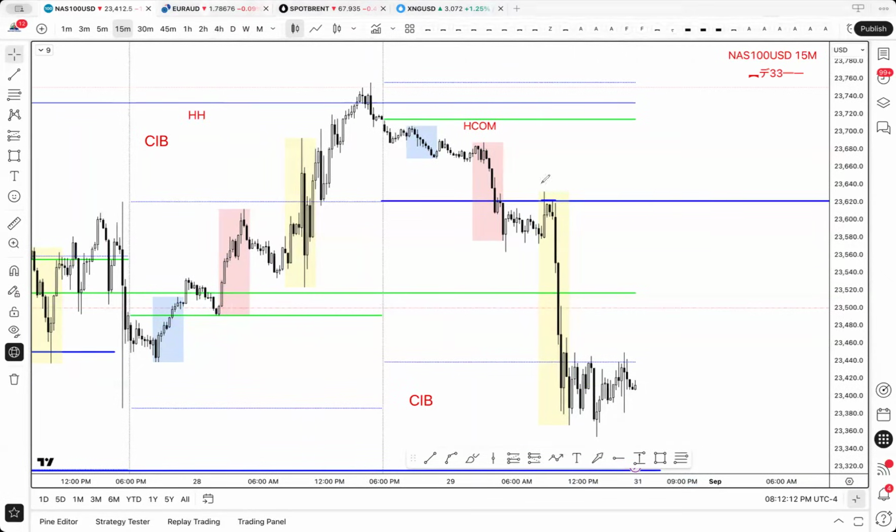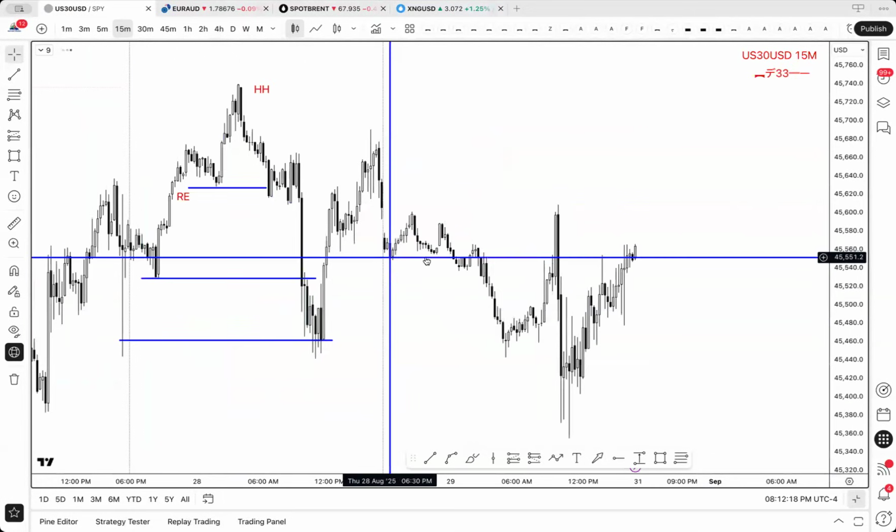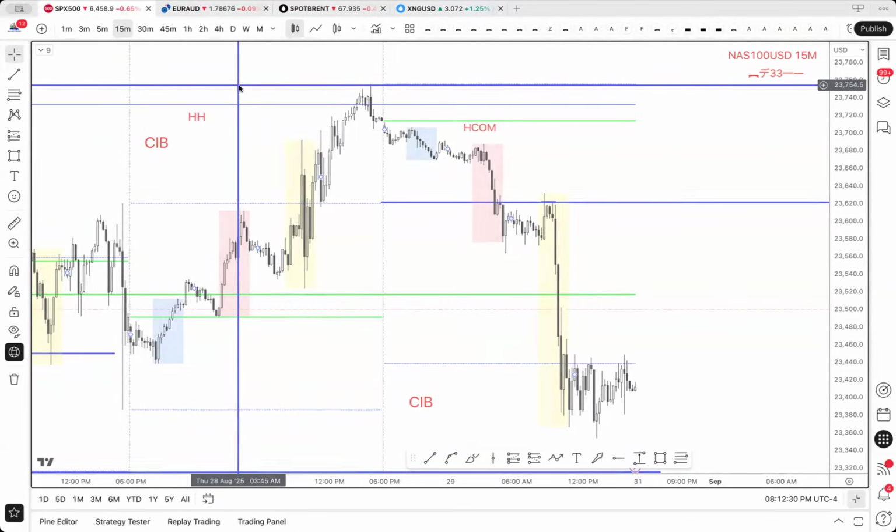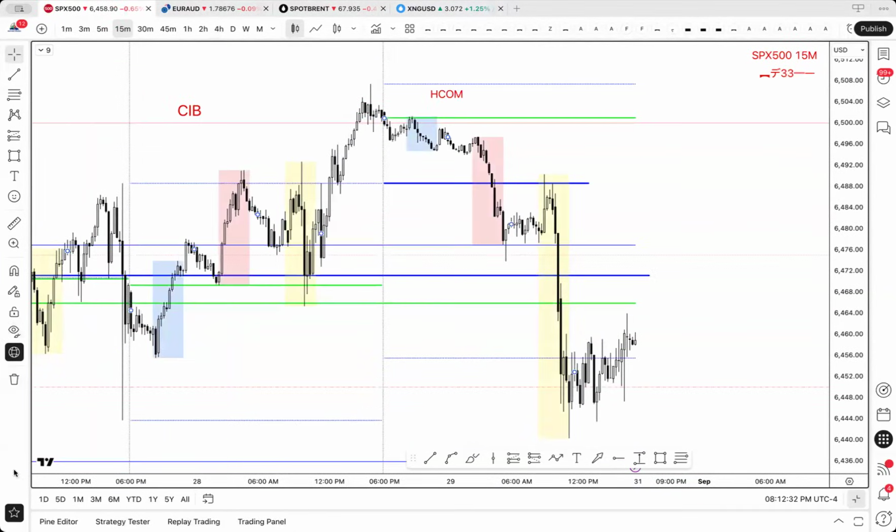Because this is the NASDAQ. It traded from a level. Let's go to the Dow Jones. It traded from a level. Let's go to the S&P. It traded from a level.